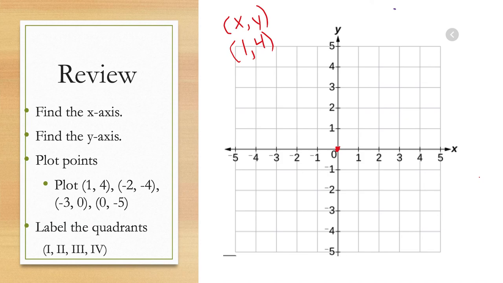Since the 1 is positive, I'm going to move 1 unit to the right. Then we have a y value of 4. Remember that the y goes up or down. Since the 4 is positive, we're going to go up 4 units, and I'm going to place my point right there. So that is going to be the point (1, 4).